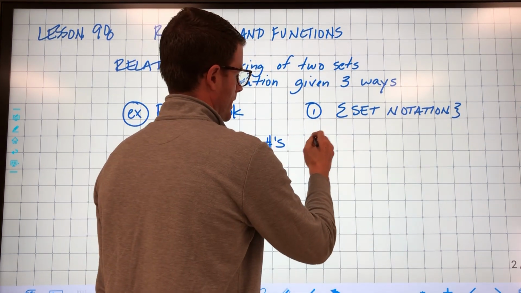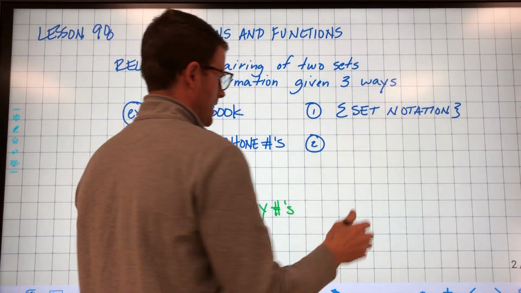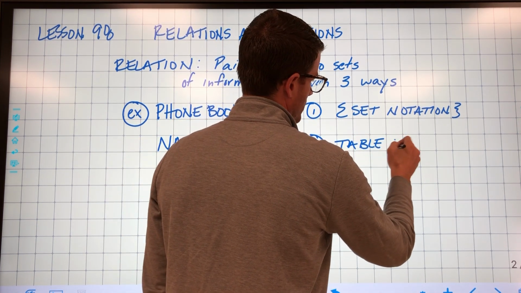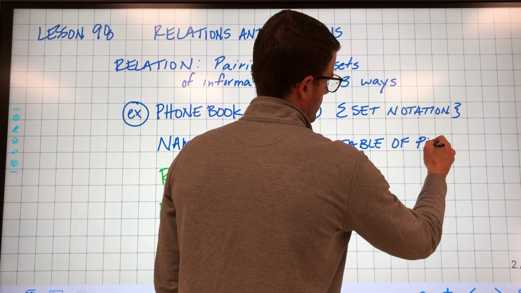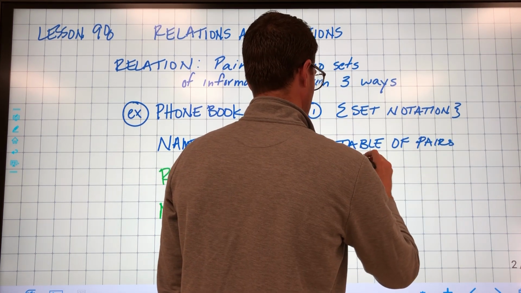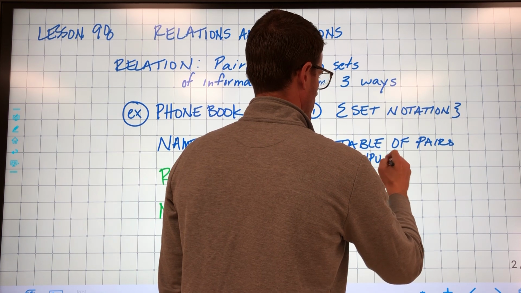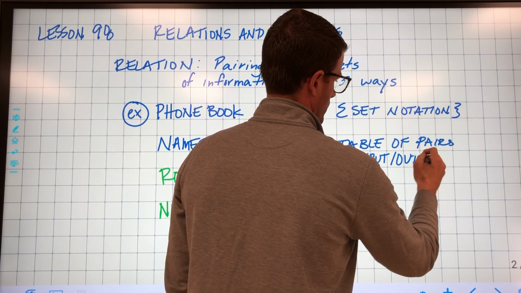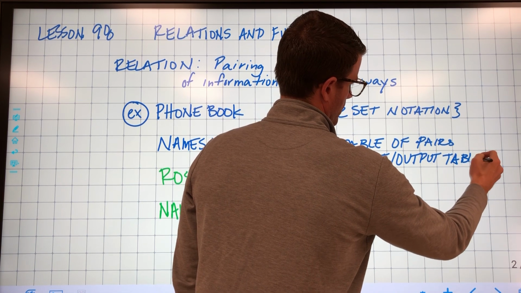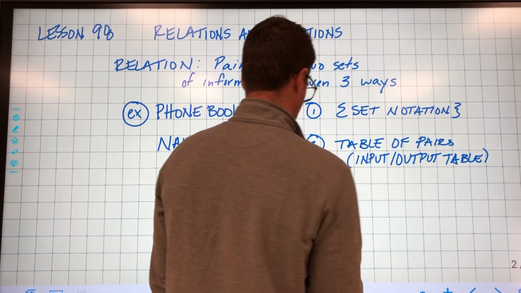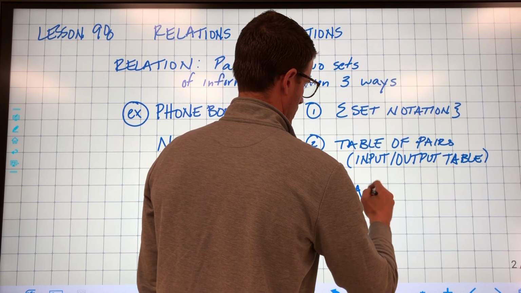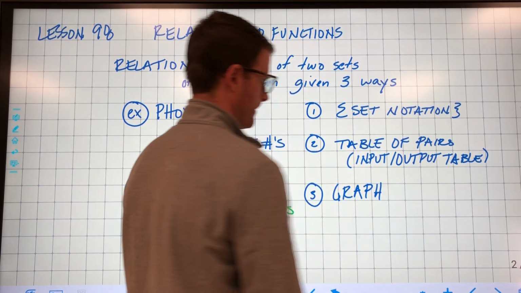The second way is going to be in a table of pairs, so think input-output table. Or the third way, a graph.